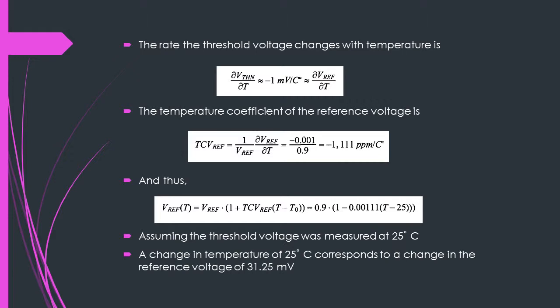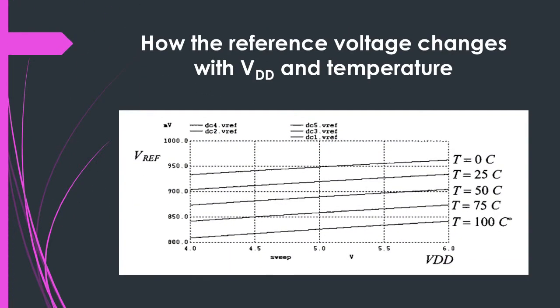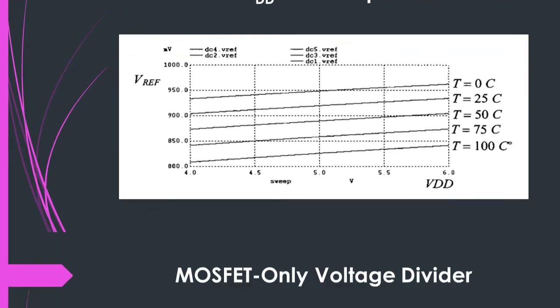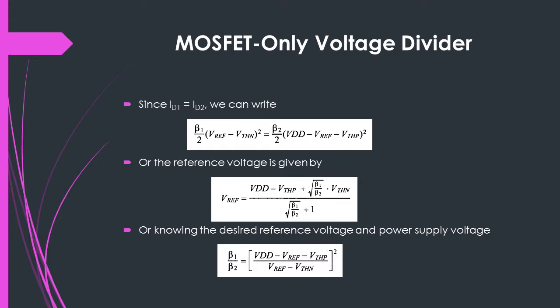The simulation results are here. At higher temperatures, the threshold voltage decreases and so does Vref. A change in temperature of 25 degrees Celsius corresponds to a change in the reference voltage of 31.25 millivolts.